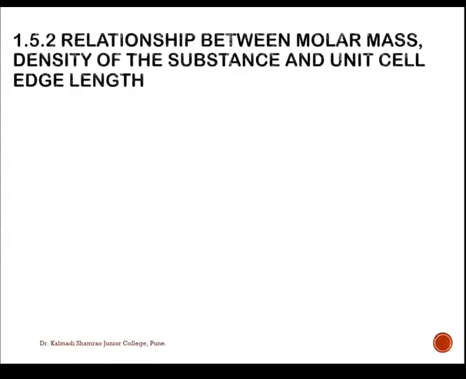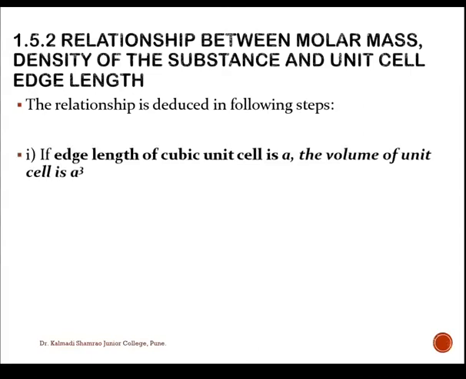Now we'll go to the relationship between molar mass, density of the substance, and unit cell edge length. The relationship is deduced in the following steps. If the edge length of a cubic unit cell is a, the volume of unit cell will be a cube.